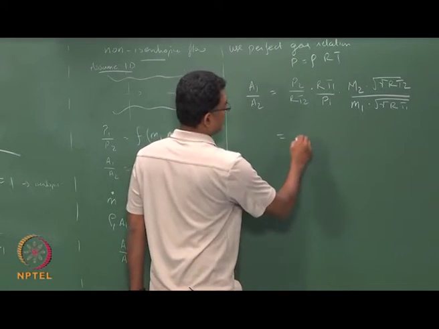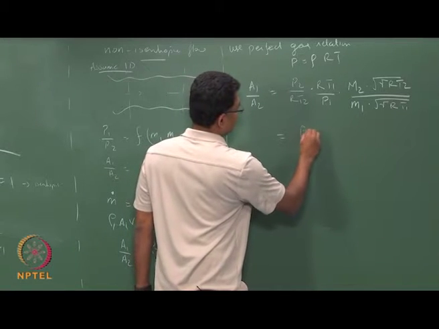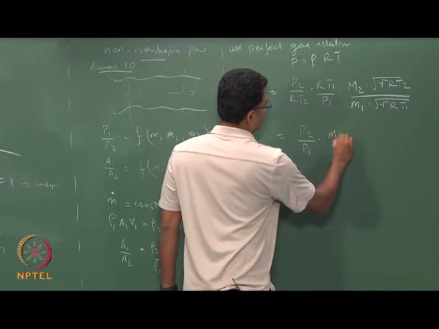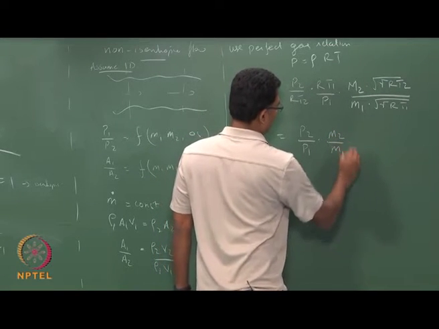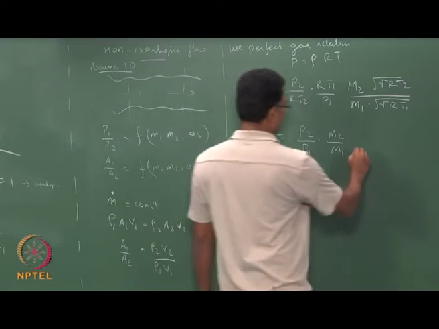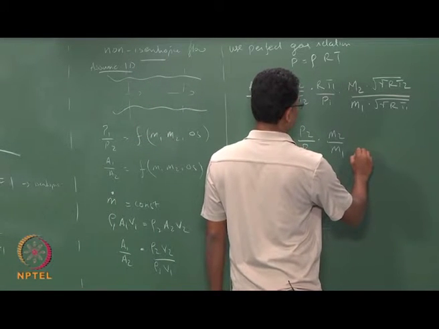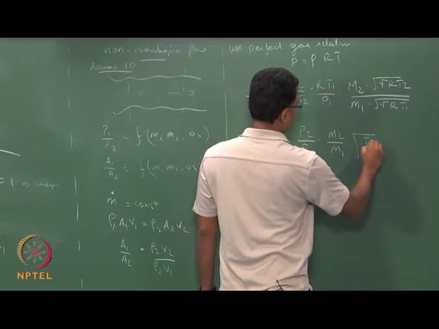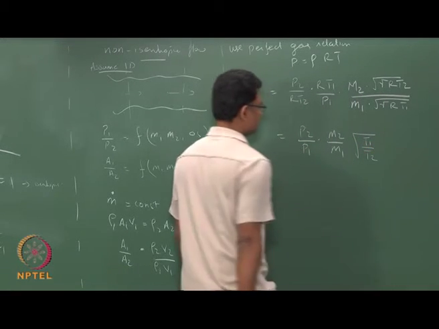Which gives me a relation: P2 by P1 into M2 by M1 into root of T1 by T2.